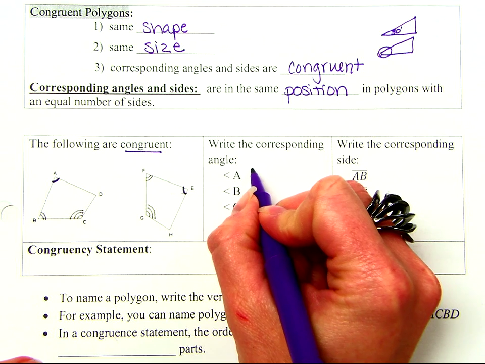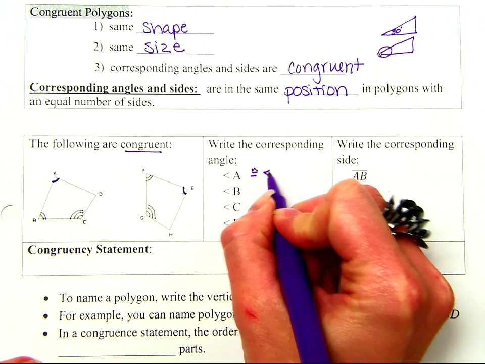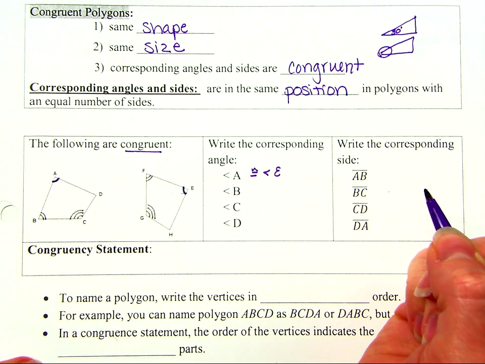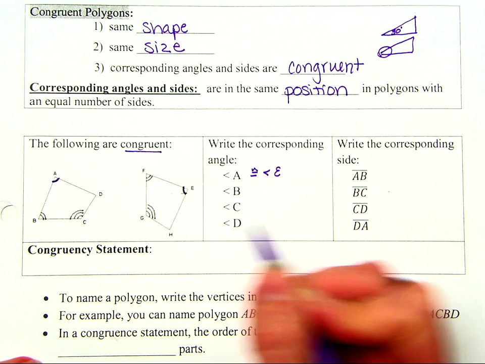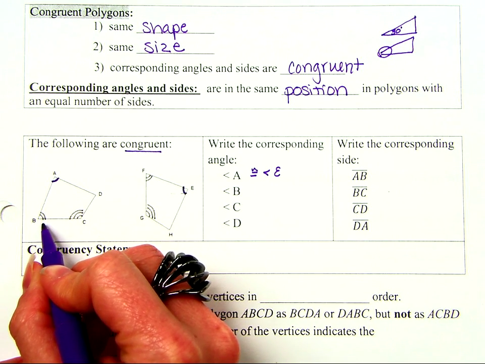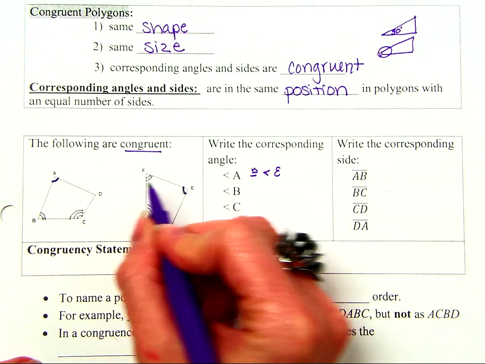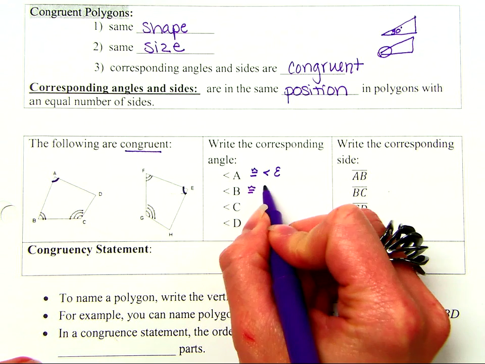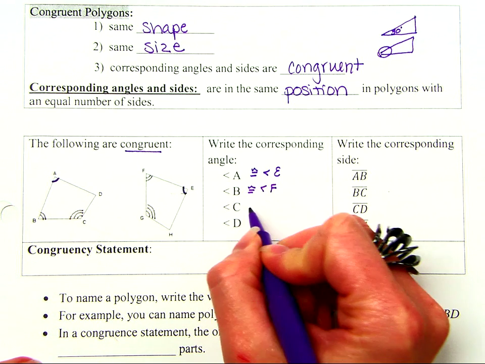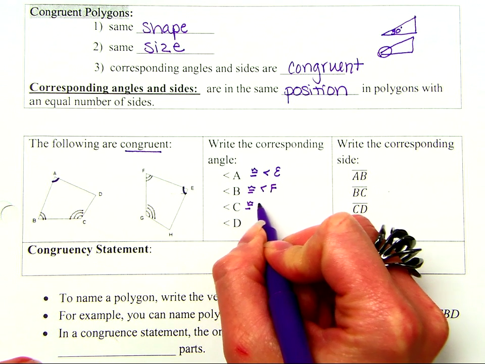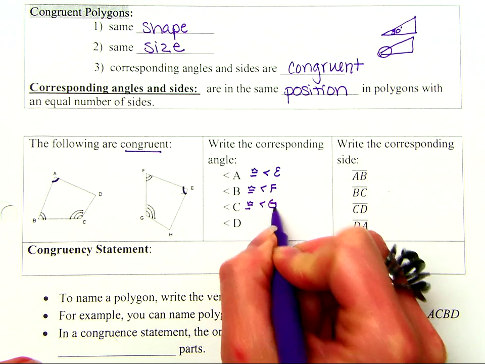Therefore, angle A is congruent to angle E. Angle B, with two arcs, is congruent to angle F. They correspond, and we could go through and find each corresponding angle pair.